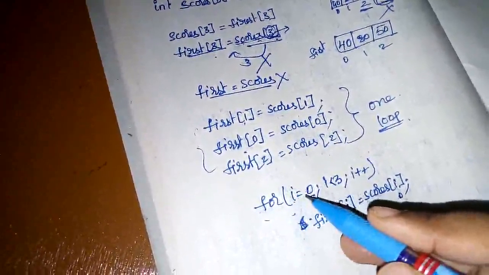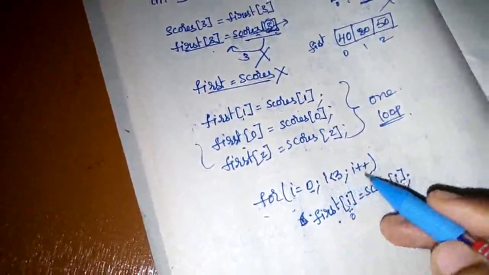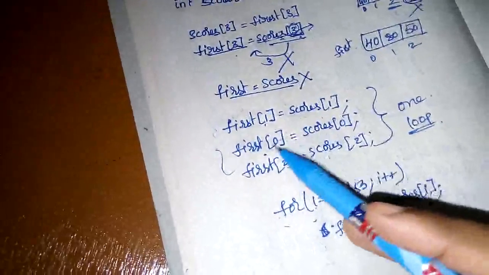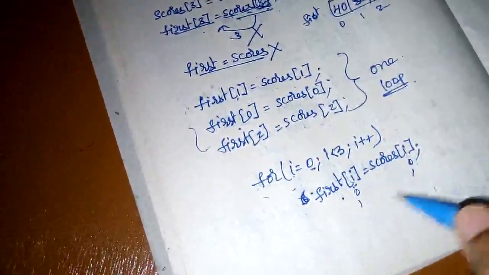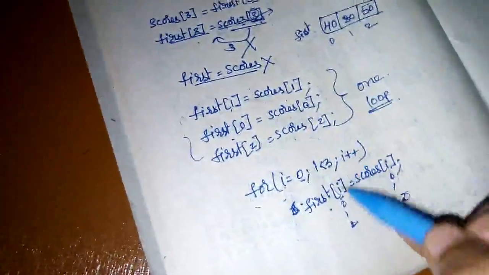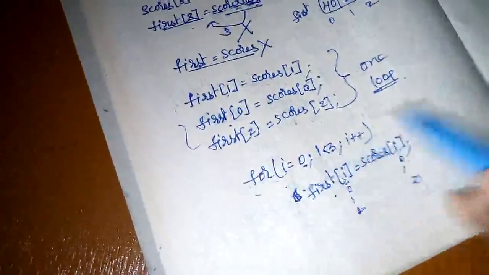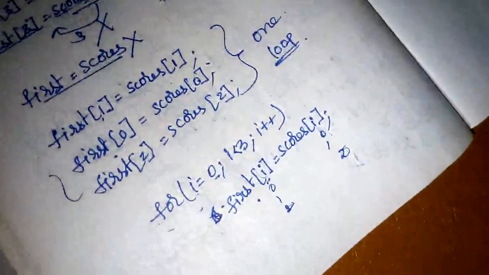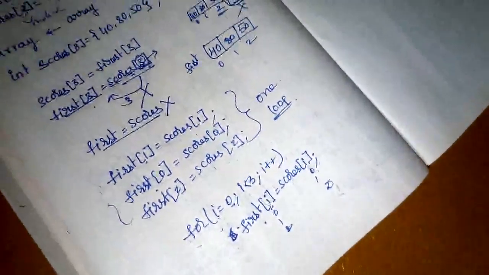In the second iteration, the value of i is 1, so first of 1 is equal to scores of 1. In the third iteration, first of 2 is equal to scores of 2. Likewise, these 3 statements can be reduced to a single statement using a loop. So this is about storing values into an array. Thank you.